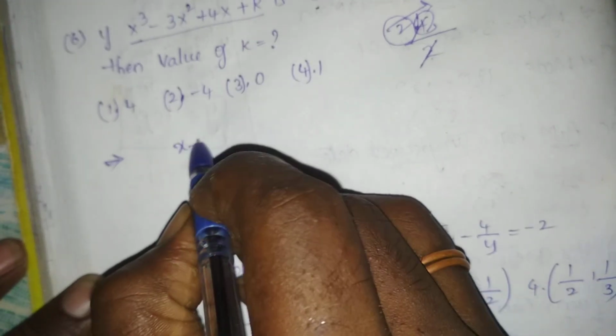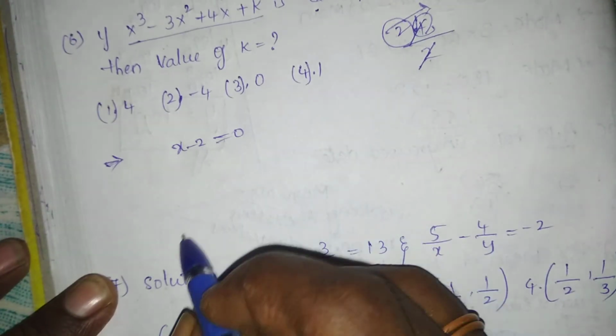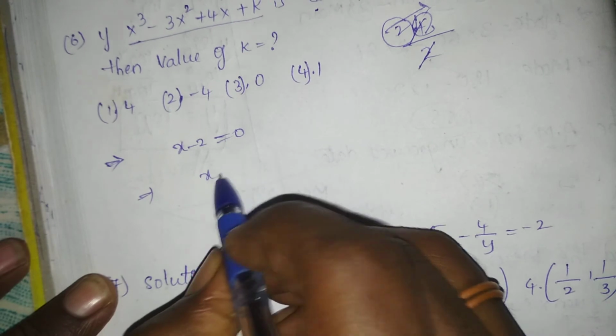Equating the divisor x minus 2 to 0, x is equal to 2.